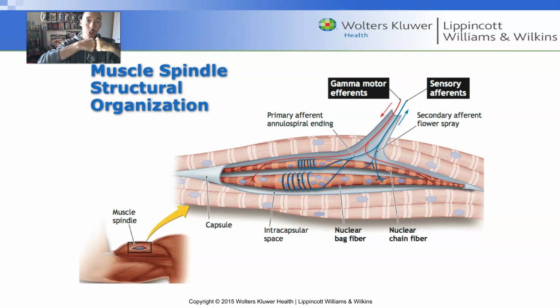So when a muscle is stretched, these muscle spindles are stretched as well, and they provide feedback going to the nervous system. The afferent division, remember, afferent is ingoing towards the central nervous system, okay? And they help us basically adjust for force production.